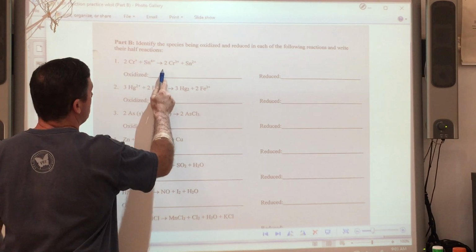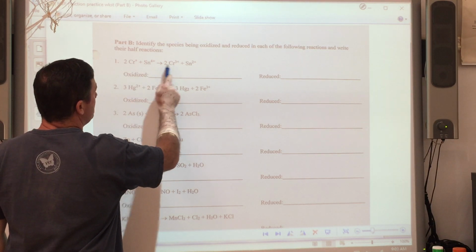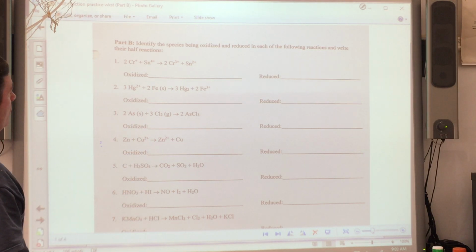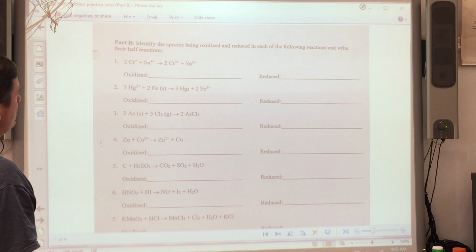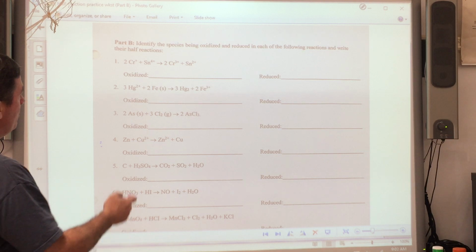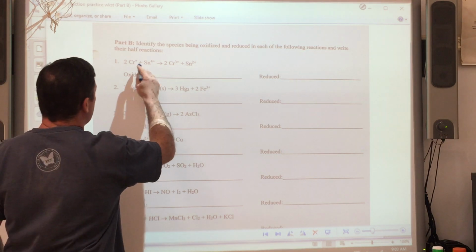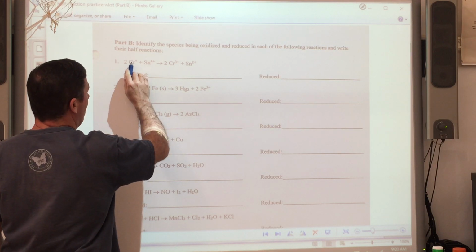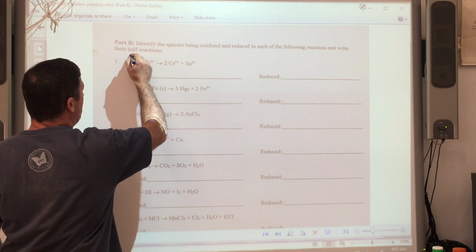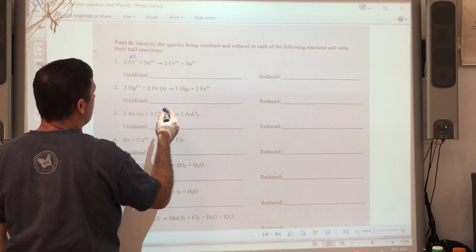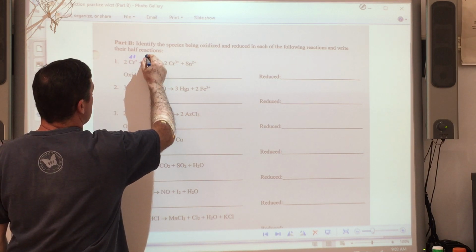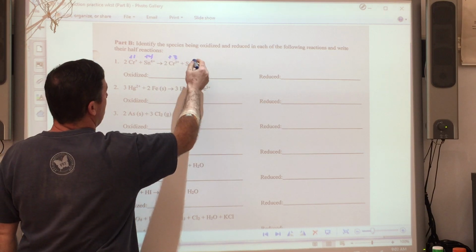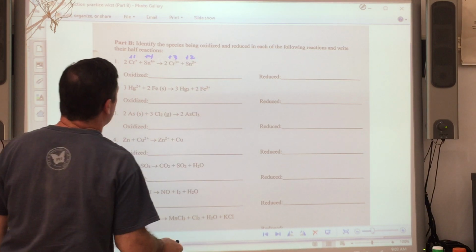So we've got two chromiums, one tin and one tin. It also has the oxidation numbers up here. So you can see that any ion by itself, a monatomic ion, will carry its charge. So there's 4 plus, this is plus 3, and this is plus 2.